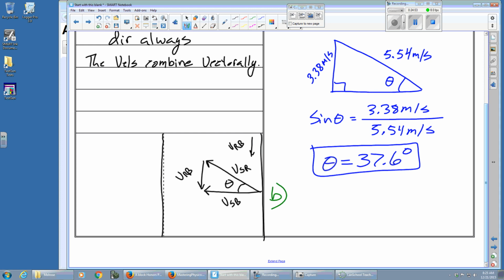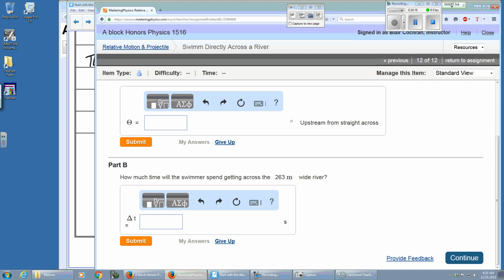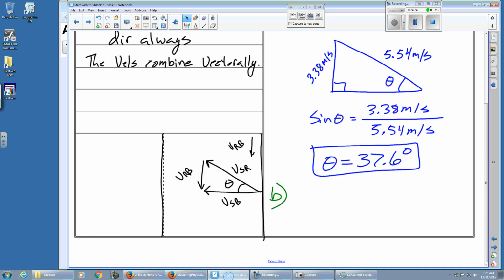In part B, they want to know how long it takes to go across the river. They want to know how much time the swimmer will spend getting across the 263 meter wide river. So I know the triangle I've drawn here is my velocity triangle.